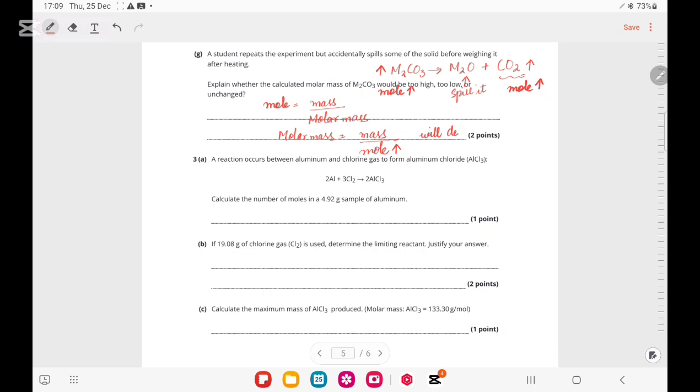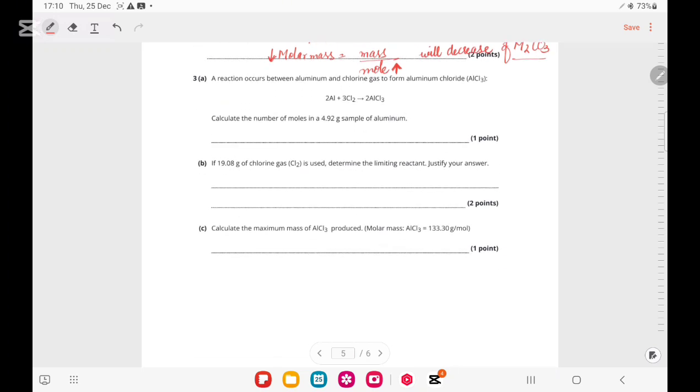So molar mass will decrease of M2CO3. Got it? So by increasing the moles of CO2, there'll be more moles of M2CO3, and we know molar mass and moles are inversely proportional. If that would be greater, then that would be lower.